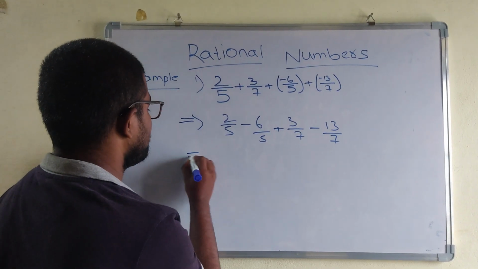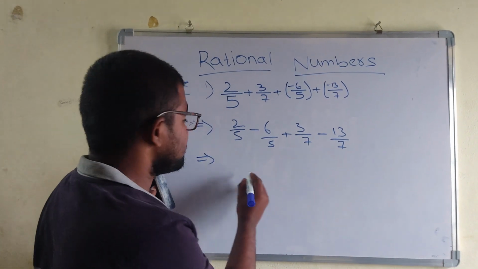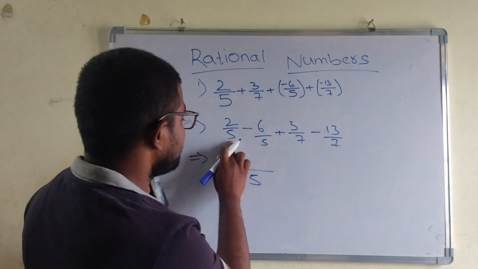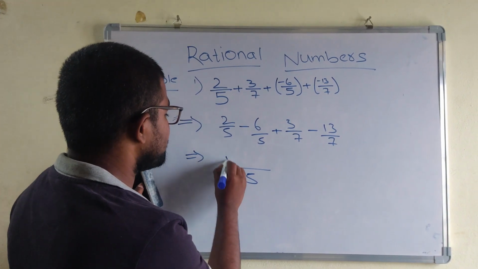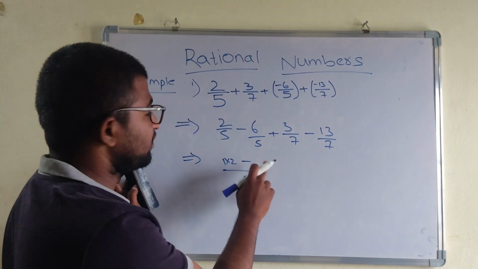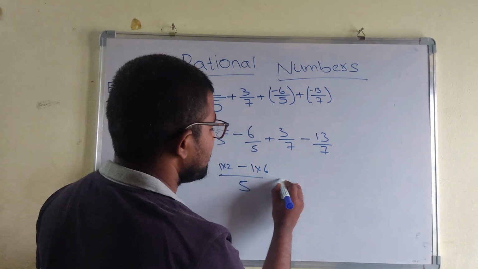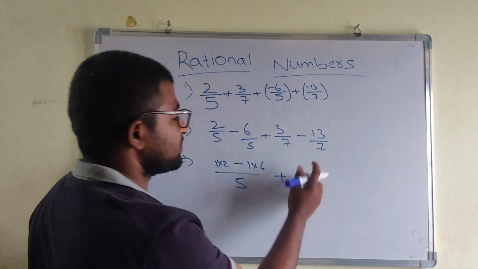Follow. What is the LCM of these two numbers? The LCM of these two numbers is 5. Then 5 1s are 5, 1 2s are 2, that is 1 into 2 minus 6 divided by 5. Then, what is the LCM of these two numbers?